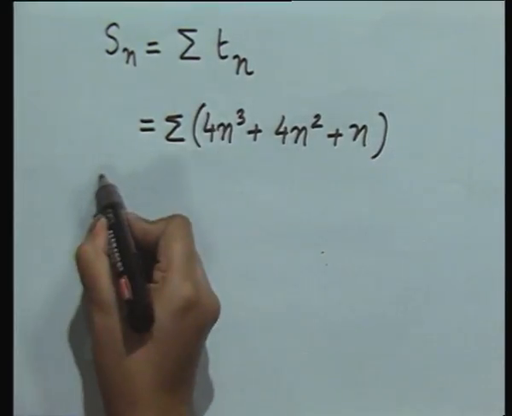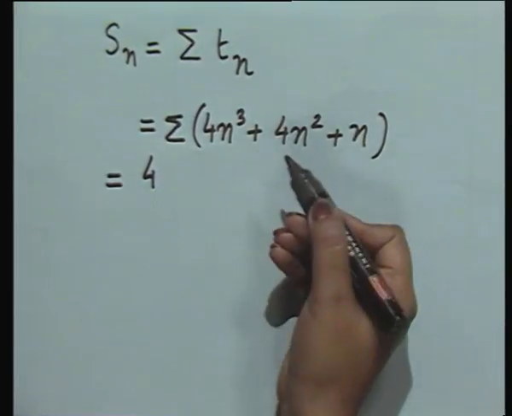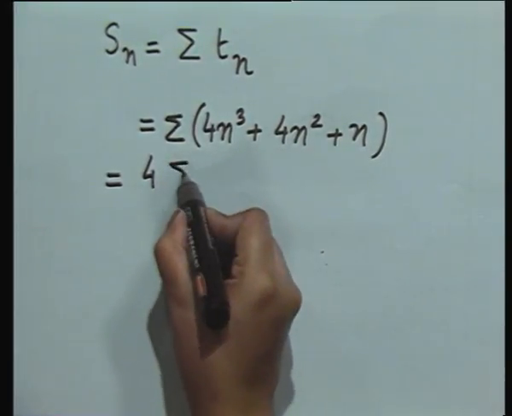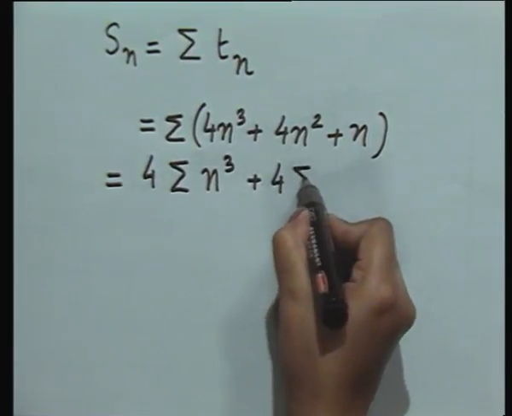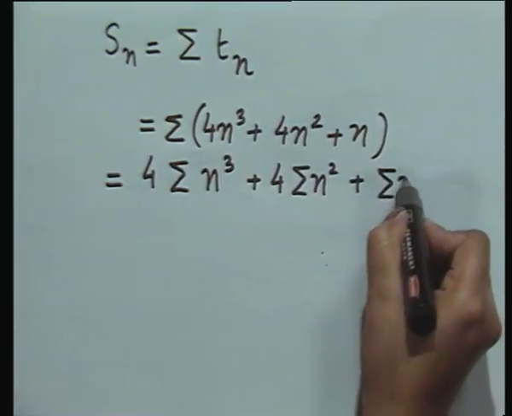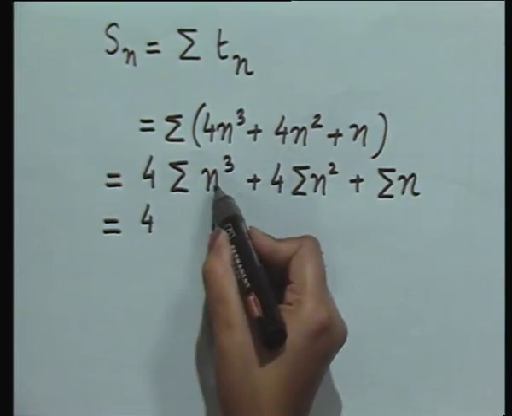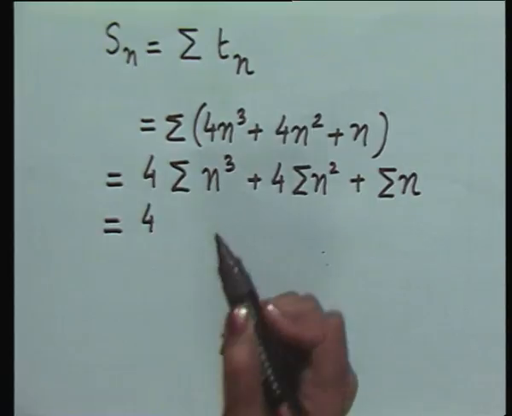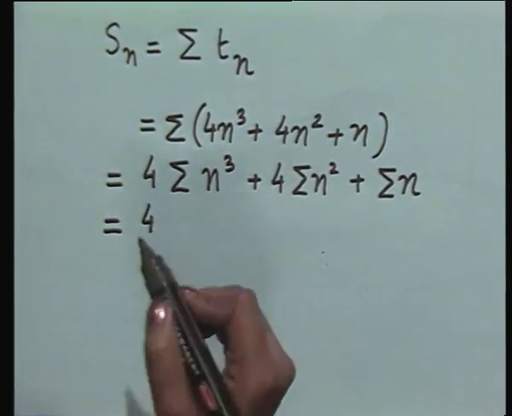That can be directly written, as sigma is distributive, as we have done in our previous questions, as sigma of n cube plus 4 sigma of n square plus sigma of n. Therefore sigma n cube, being the sum of cubes of the first n natural numbers, will have the value as?